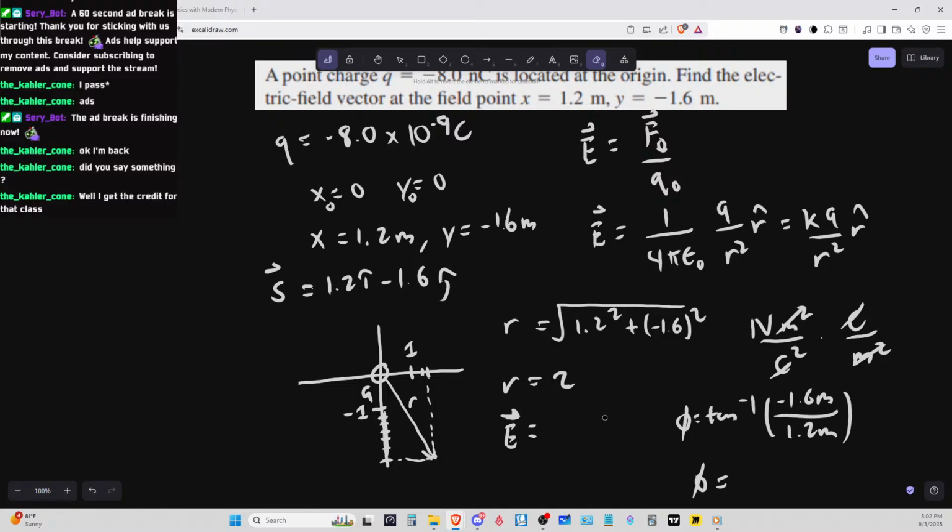So that leaves us with like 18 newtons per coulomb. Okay, so now we've got to figure out the angle.